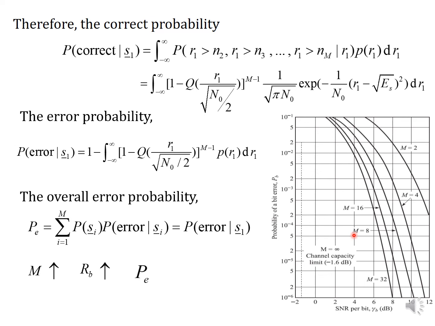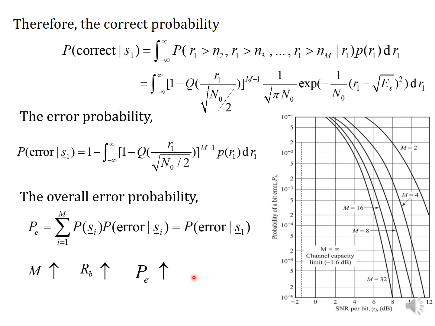The bit error rate goes down, while the symbol error rate would go up.